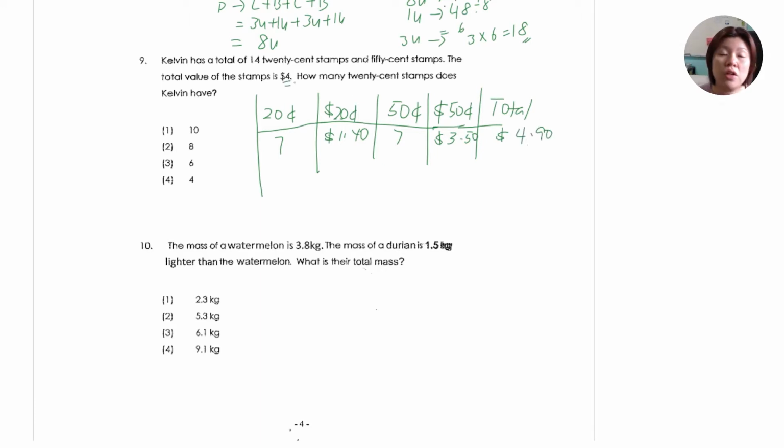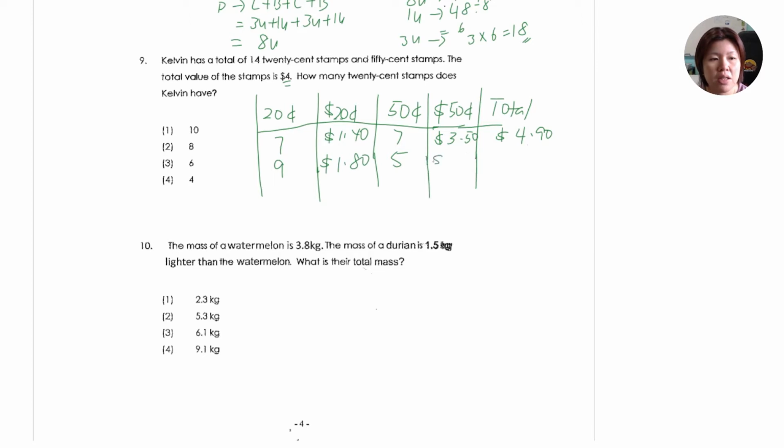The total is $4, so I exceeded. Since I exceed, I must reduce. So which do I reduce? Since 50-cent is more than 20-cent and my value is more, I reduce my 50-cent. I reduce by 2 first and see how it goes. Since I reduce my 50-cent to 5, my 20-cent will add 2 more, becoming 9. So it's $1.80.